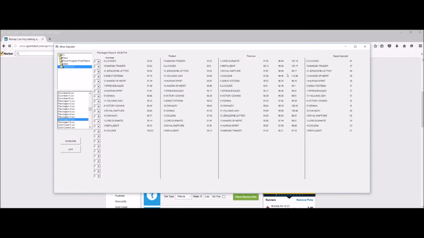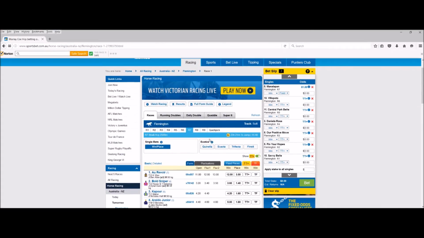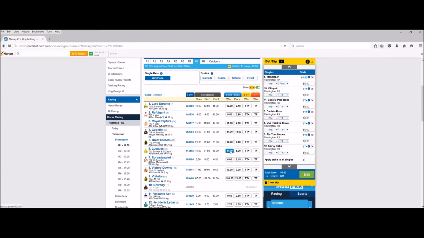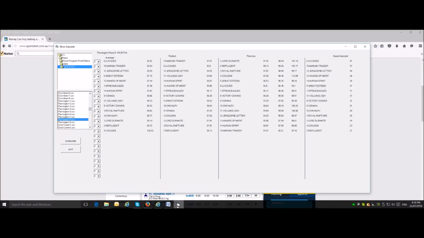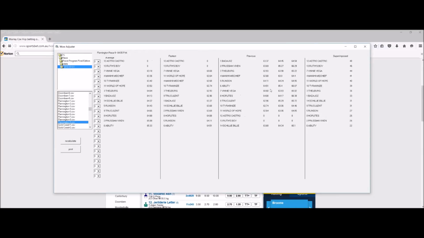Race 8. Luke's. That's not a bad horse, that. Must be coming back from a spell. Luke's. Put that in at fixed odds. Race 9. Astro Castro. Oh, first starters.